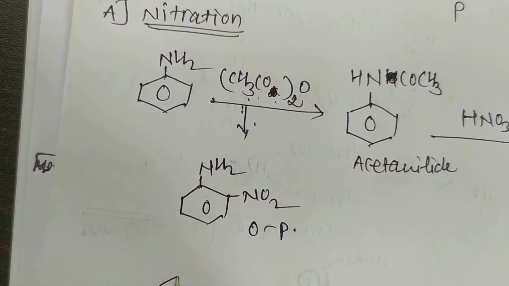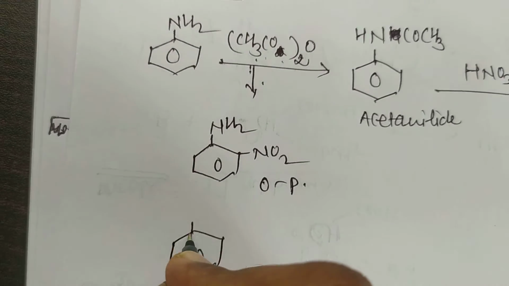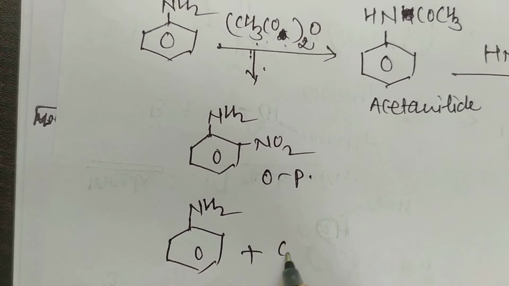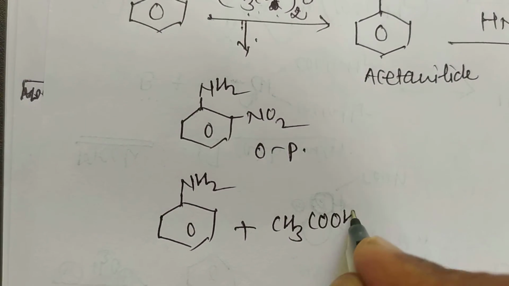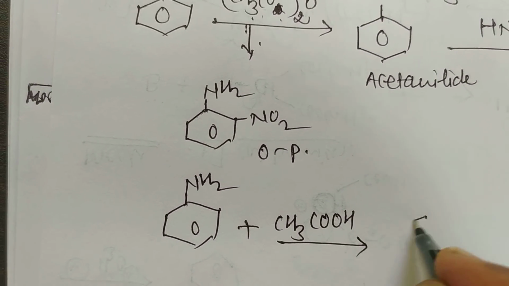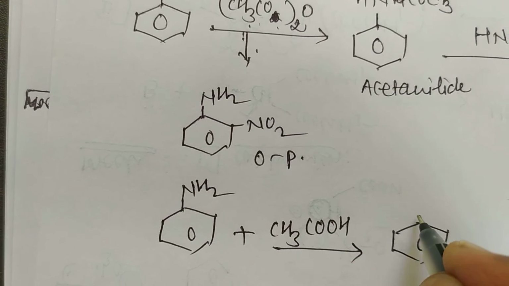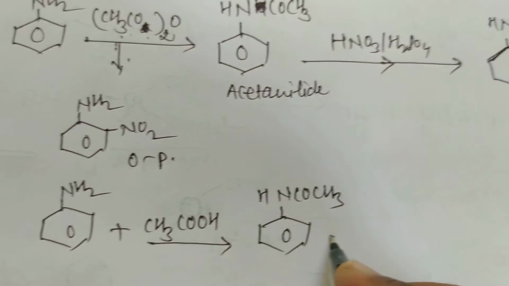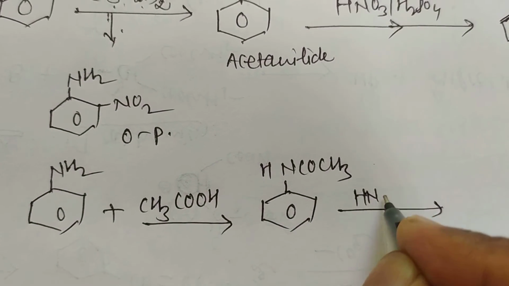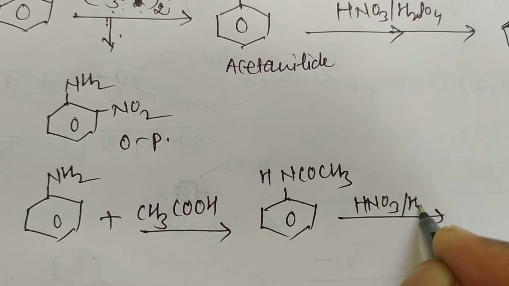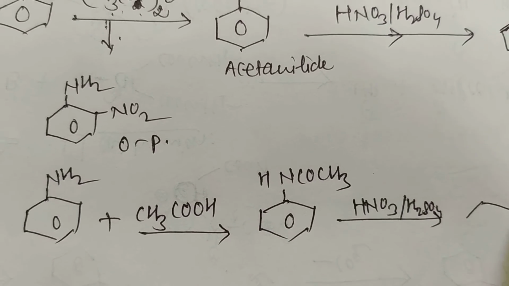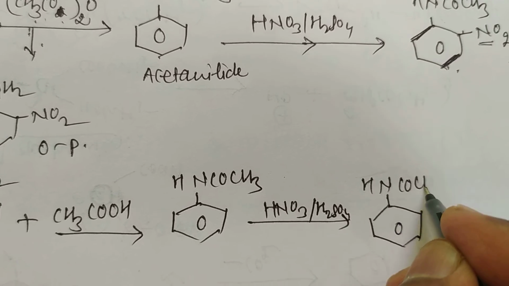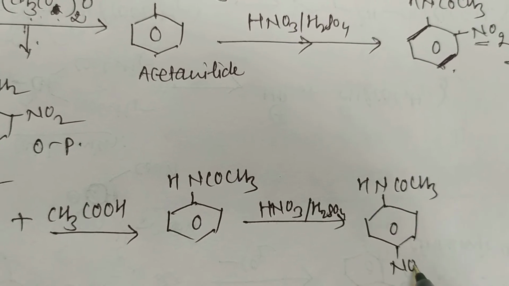Means when this aniline is reacted with CH3COOH, means acetic acid, first it undergoes acylation, means NHCOCH3, and after that nitration is carried out with HNO3 and H2SO4. Then here we can obtain NHCOCH3 and the NO2 group.